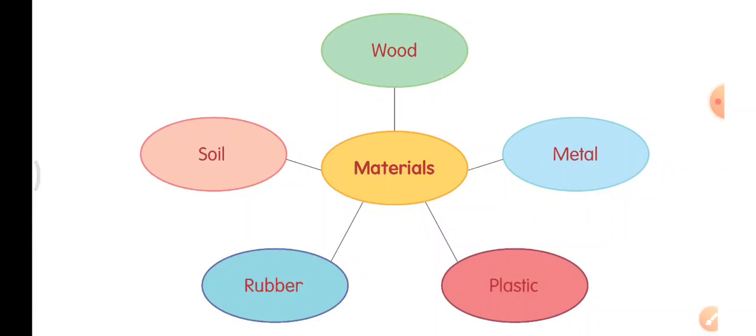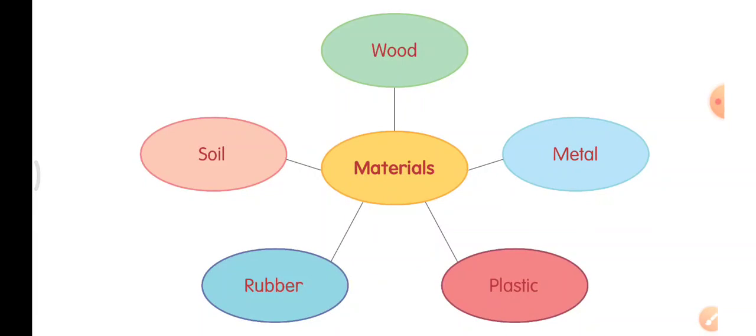With wood baskets are made. With wood, wooden furniture like doors, chairs are made. With metal, spoons, plates, bowls are made. With plastic, water bottles, boxes, tiffin boxes, many other things are made.